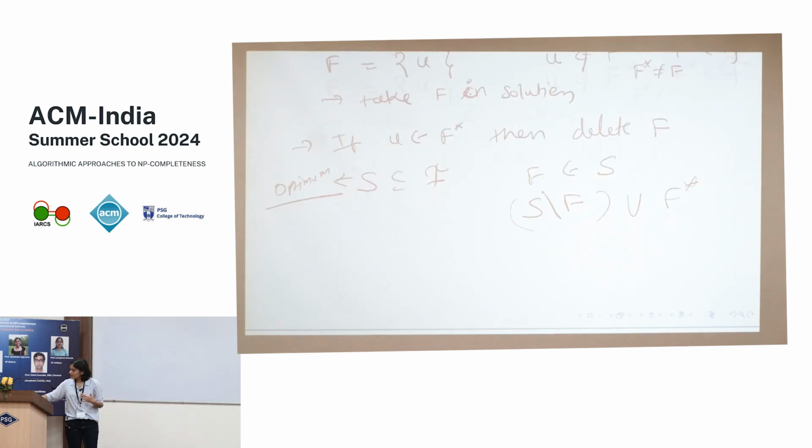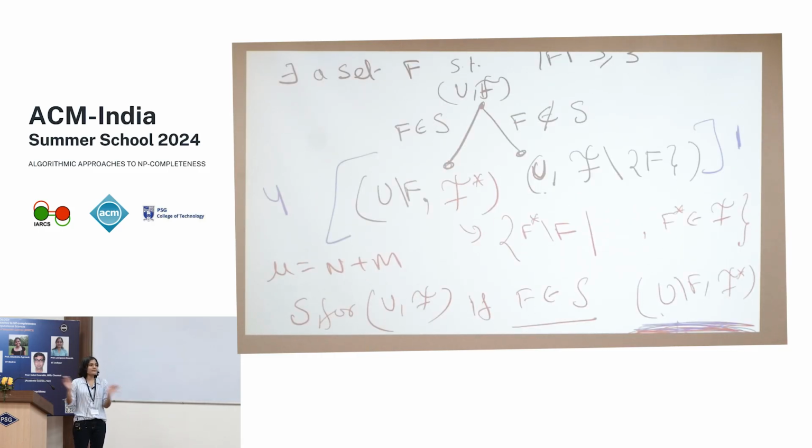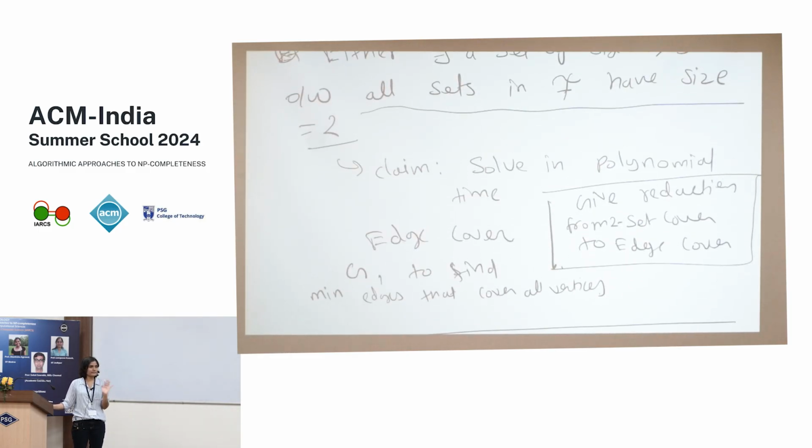Anytime I encounter the first case, set of size 1, I apply my rule and get rid of them. Anytime I have a set of size at least 3, I will apply the branching. Once I am done with all the sets of size at least 3, I have only sets of size 2 remaining, and then I solve it using edge cover. Okay, that's all my algorithm.